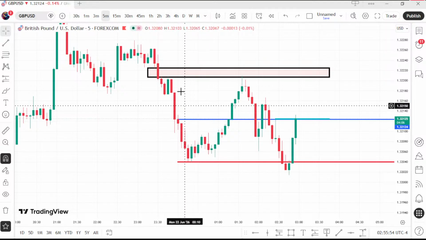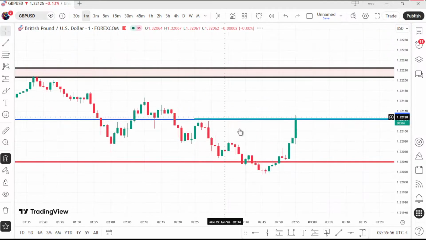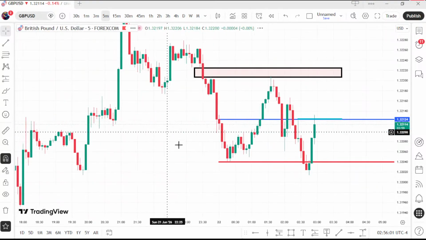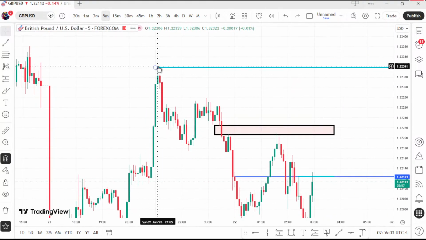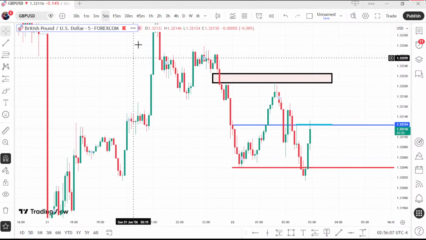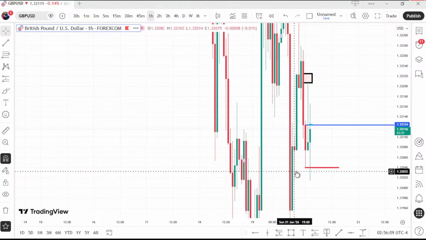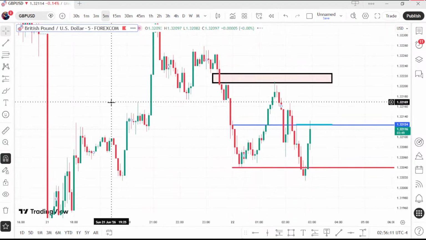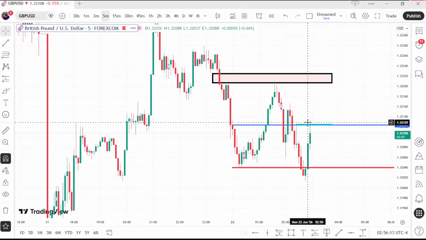This is below the midnight opening price. Any decline to a smaller time frame, I'll buy that and maybe target this buy side liquidity here. You see, this is a market structure shift here. These are an hourly sell side taken out. Market structure shift in the 5 minute.